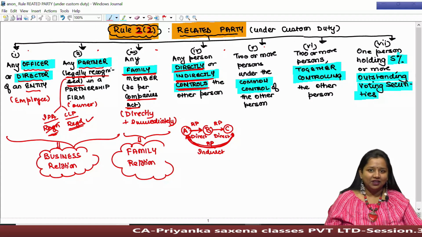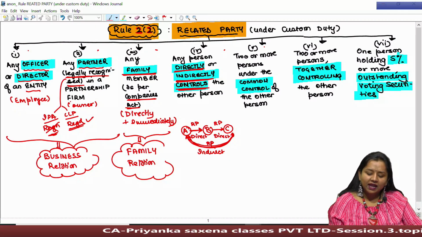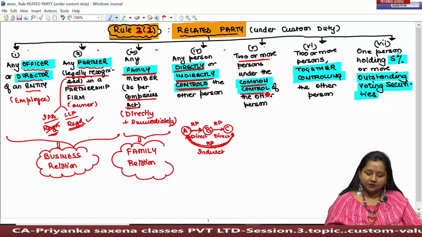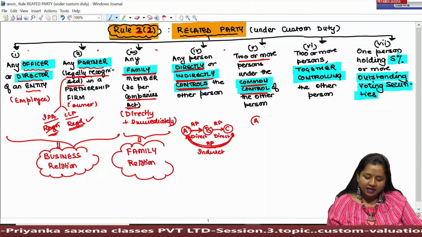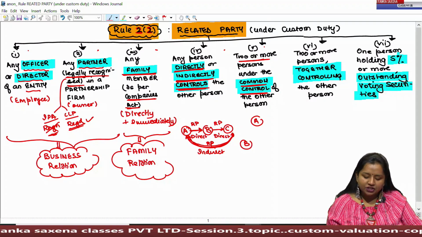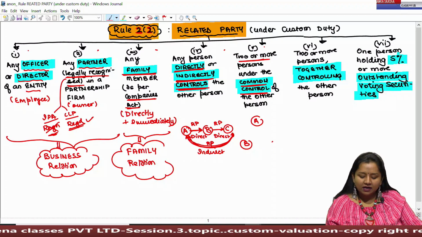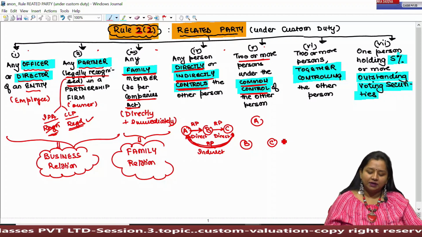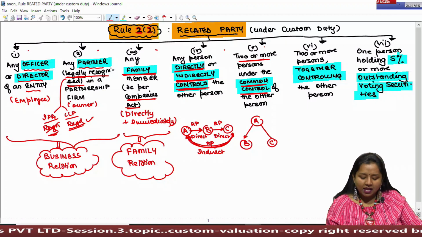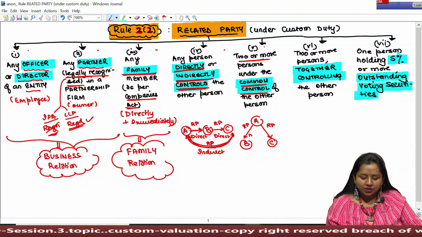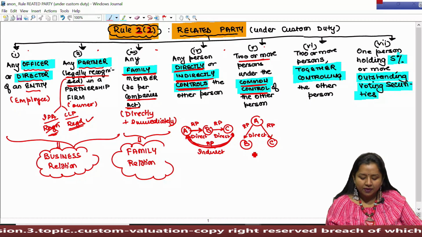So if any person has direct or indirect control on the other person, in both the cases they shall be treated as related party. Next, it says two or more persons under the common control of a third person. If I say that A Limited is holding shares of B Limited majorly and parallelly is also holding shares of C Limited, so A and B shall be treated as related party, there is no doubt, because in both the cases they have direct control.